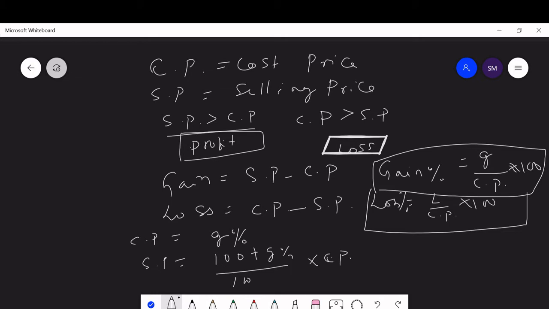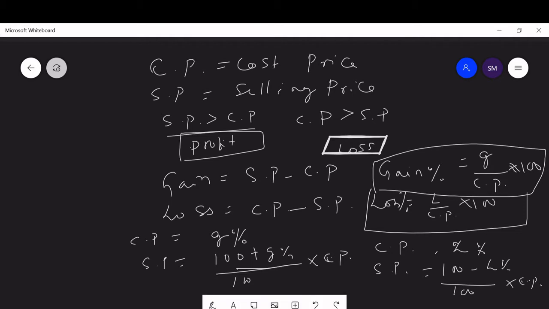If there is only loss and you know the CP and the loss percent, selling price is equal to (100 minus loss percent) upon 100 into CP.